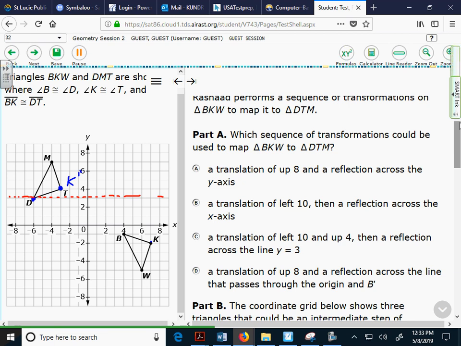And then last but not least, the W. Oh, I think this is going to work. That's going to be 6, and then 4, and then up 4. Oh, I didn't count right. Is this 7? No. What was it? 10 left?